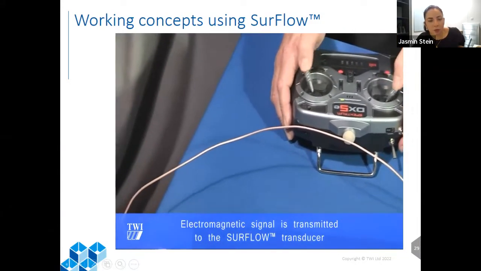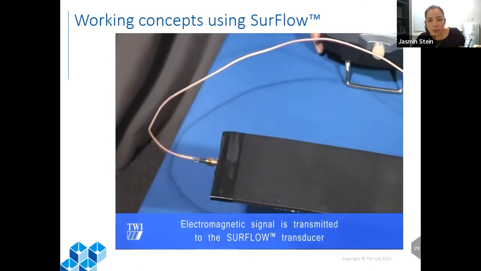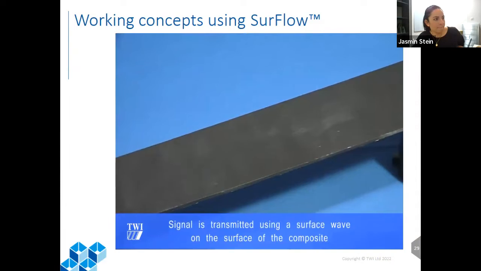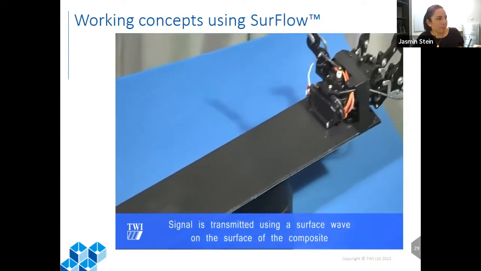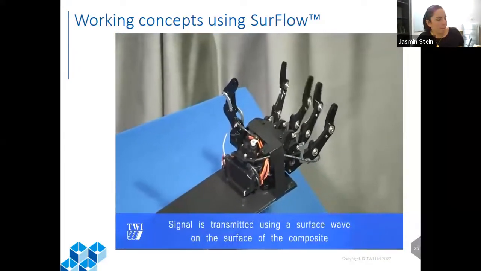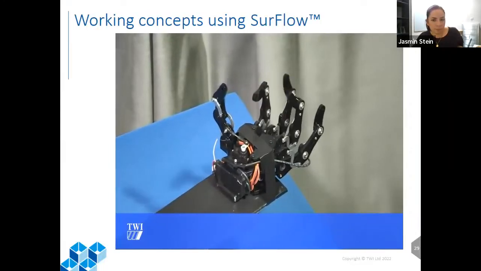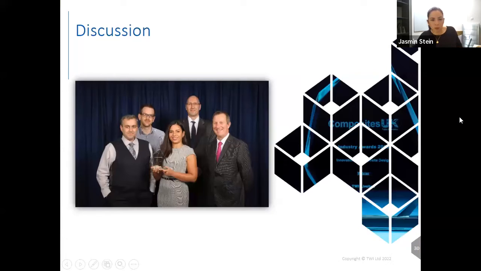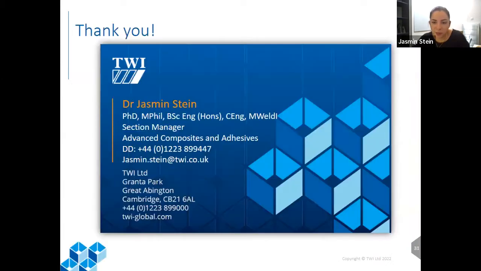And again, the aim is to show that you can send a number of signals at the same time. So that's the end of the presentation, and I hope you enjoyed.